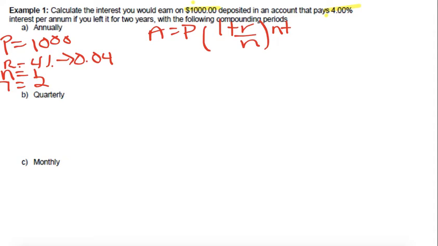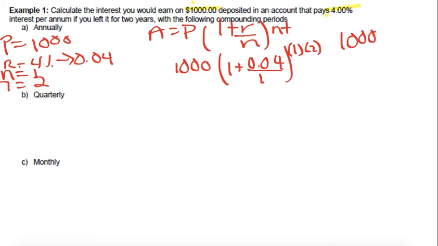Now I'm going to sub all these numbers in, and I'm going to get 1,000 times (1 plus 0.04 over 1) to the power of 1 times 2. I'm going to take 0.04 divided by 1, plus 1, and I'm left with $1,000 times 1.04 to the power of 2, because 1 times 2 is 2.